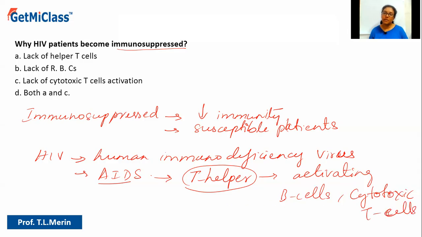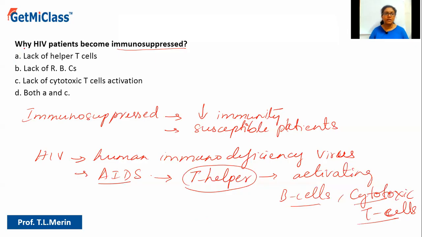So if T helper cells are attacked by HIV and their number reduces, then further B cells and cytotoxic T cells also will reduce. Hence they will become immune suppressed. They'll become susceptible to various other diseases, and even a normal cold will become very severe in them. Fungal infection, bacterial infection, all kinds of infection can be easily caused in these patients.